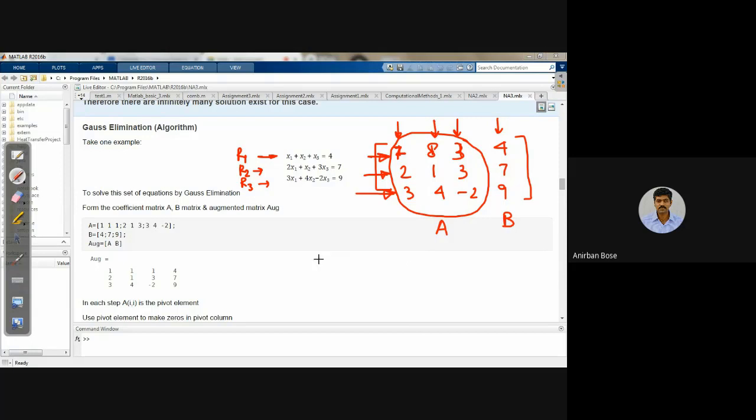So what we are going to do is make everything here equal to 0. That means which quantities do we want to make 0?